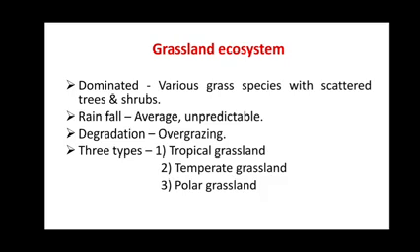The grassland ecosystem is mainly dominated by various grass species with scattered trees and shrubs. Here the average rainfall is average and unpredictable.